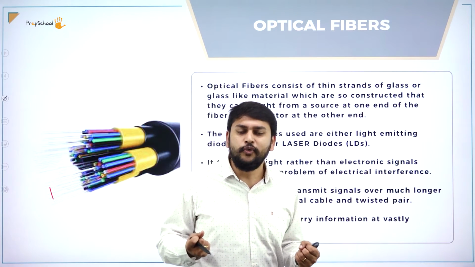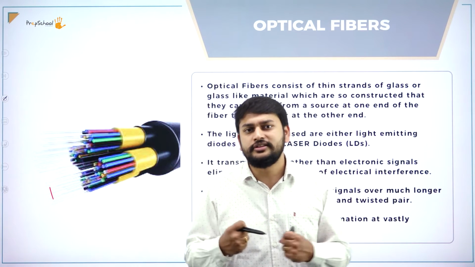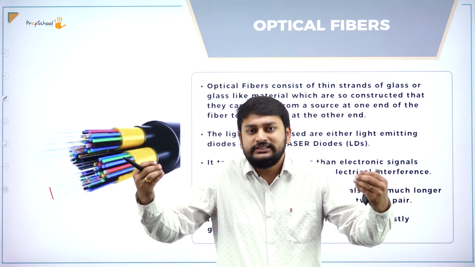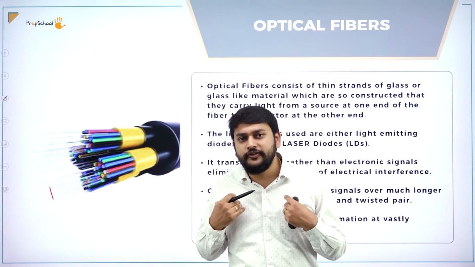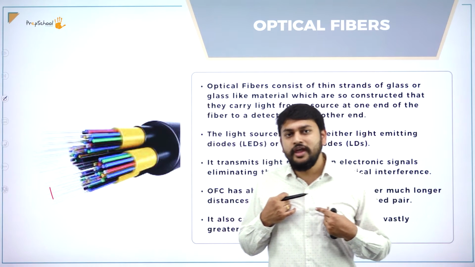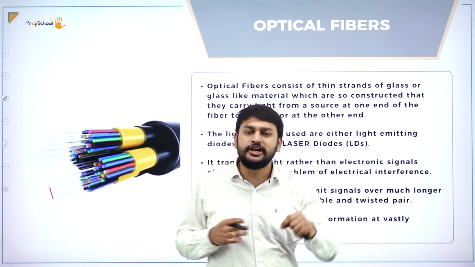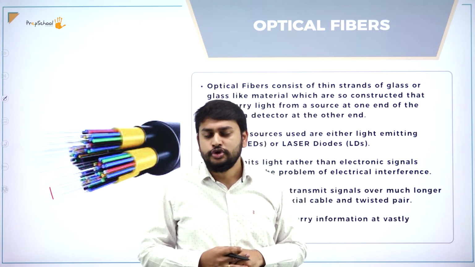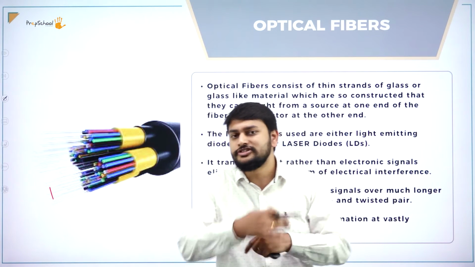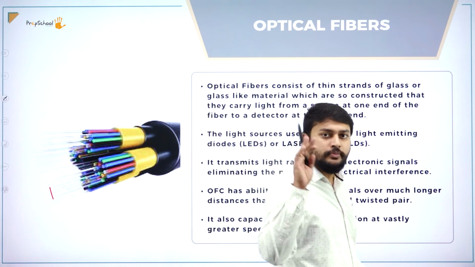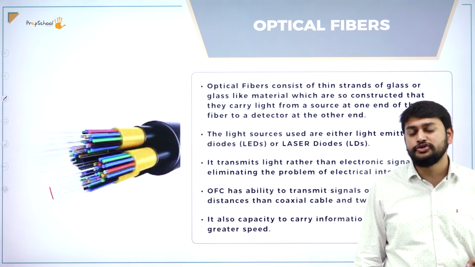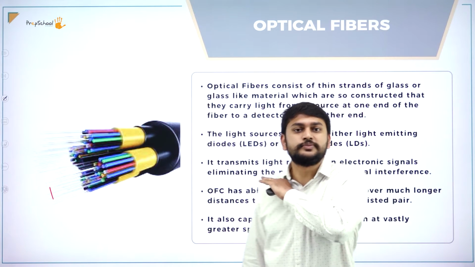Whenever you're feeling cold, what do you do? You wear a lot of clothes, right? Because the external climate should not affect my body. In the same way, if I'm transmitting data, it should not be disturbed by external forces, so to protect that I will have a lot of insulation. That was the main challenge if I was using copper wire to transmit my data.